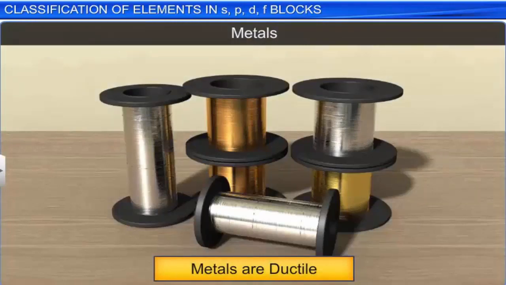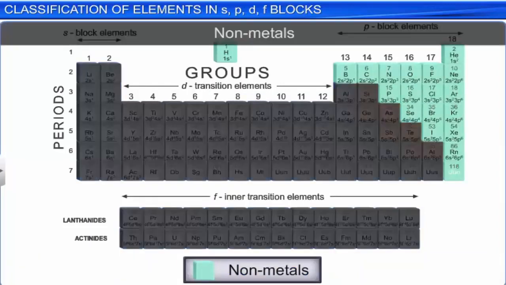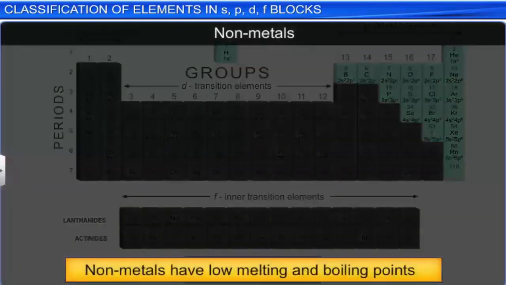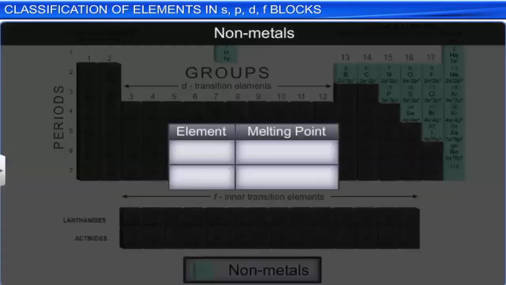These properties are in direct contrast to those exhibited by the non-metals that are placed on the top right side of the periodic table. Non-metals are usually solids or gases at room temperature with low melting and boiling points. Exceptions are boron and carbon, which have high melting points of 2300 and 3930 degrees Celsius respectively.